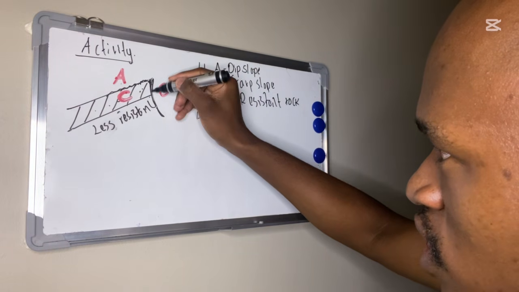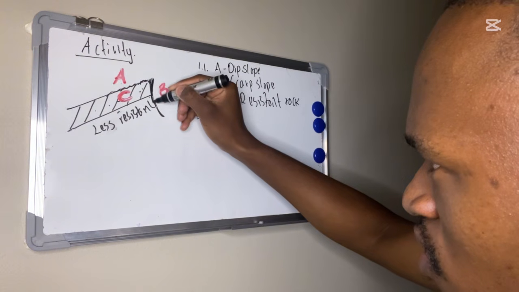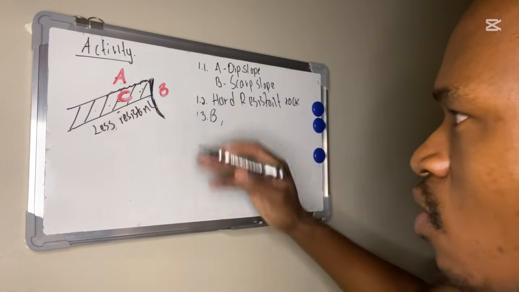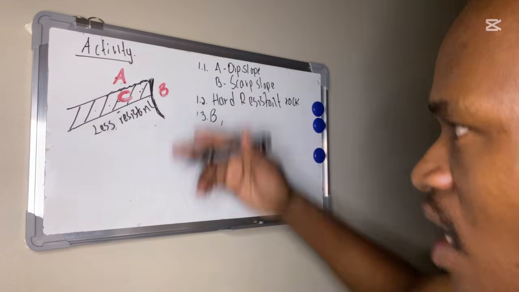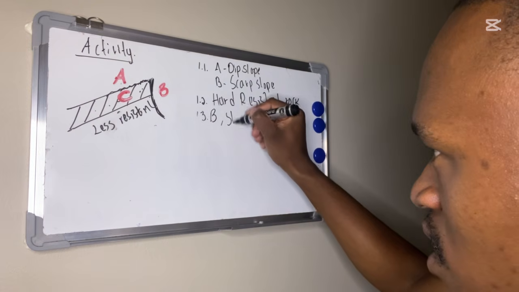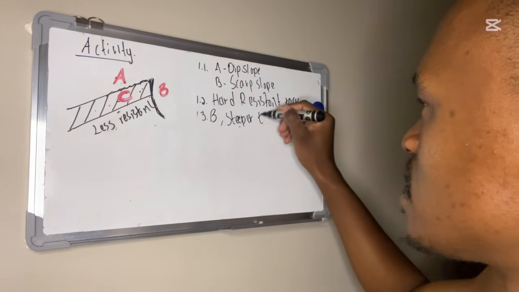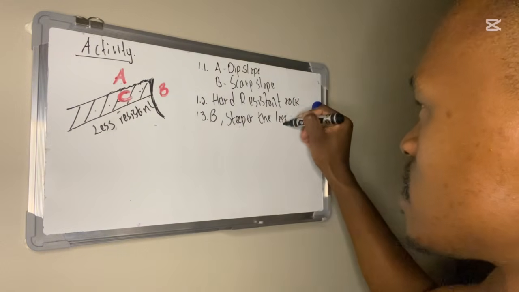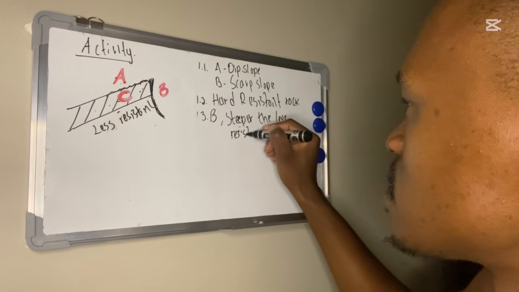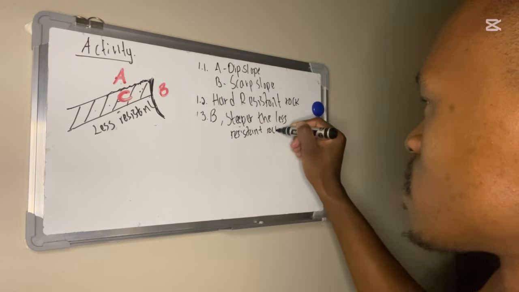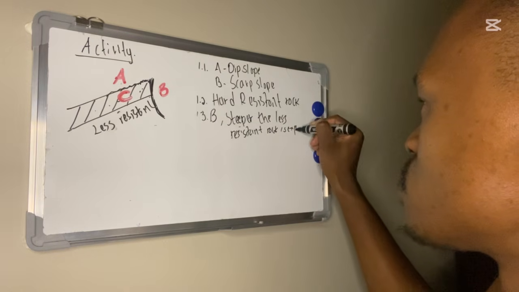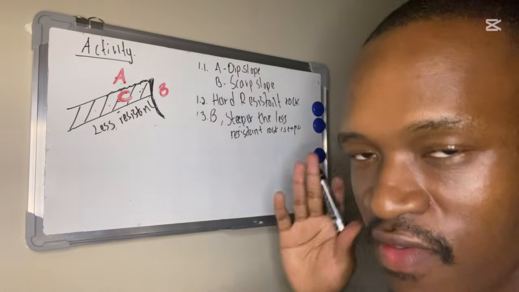Although the small portion of B is hard rock, below it is a less resistant rock, which means that it erodes faster. You can see that because B is steeper. The less resistant rock is exposed and therefore erodes faster.